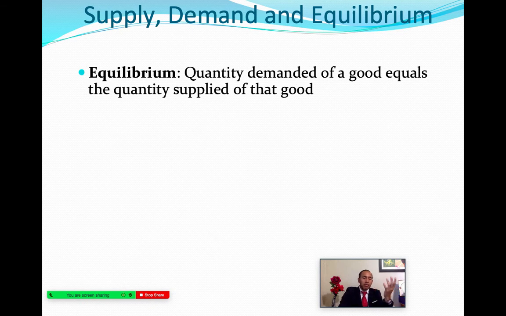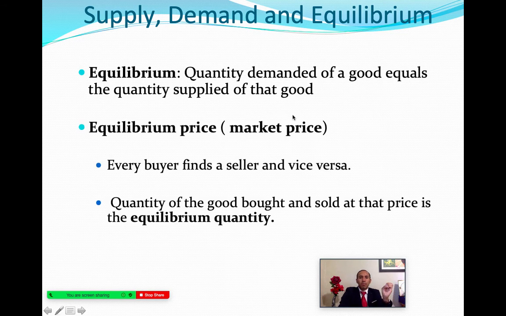The equilibrium in the market occurs when the quantity demanded by consumers is equivalent to the quantity supplied by the producers, which are the suppliers of the good. And if both of them agree in the market, we have an equilibrium price.